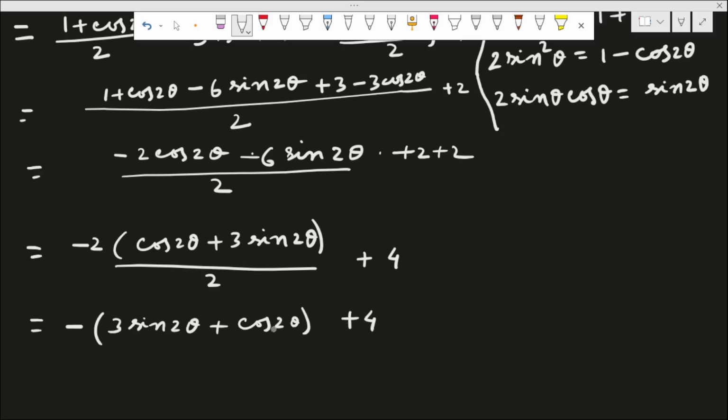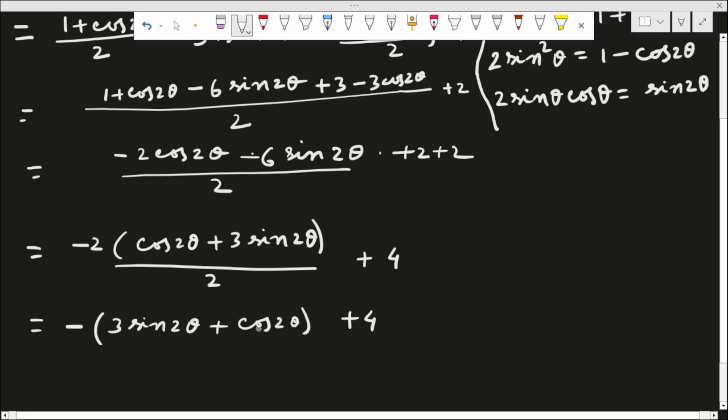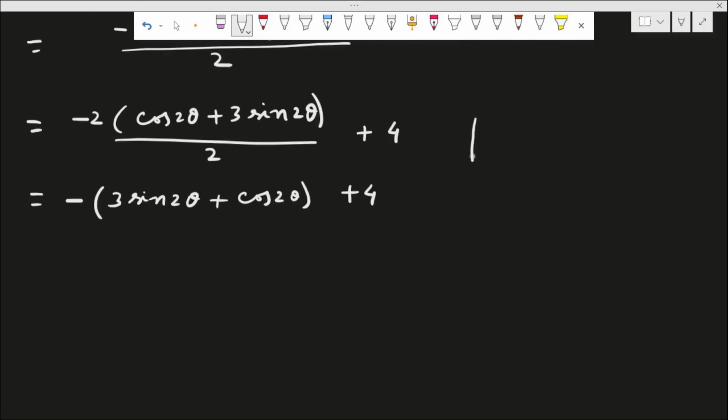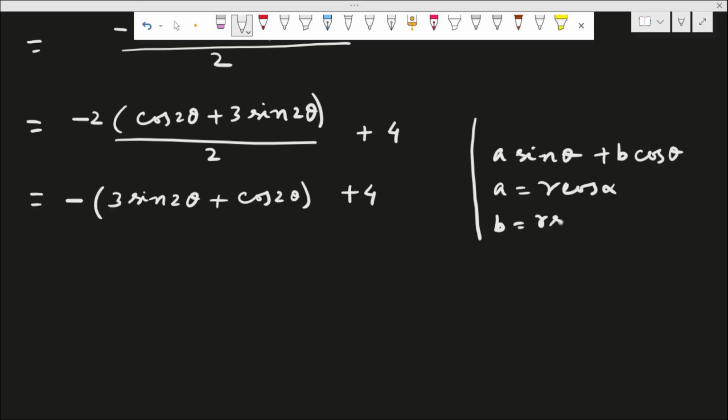Now we have to make it a single term. How to do this? Now this is of the form a sin theta plus b cos theta. In this case, what is done? A is equal to R cos alpha, B is equal to R sin alpha. Squaring and adding, what we will get?